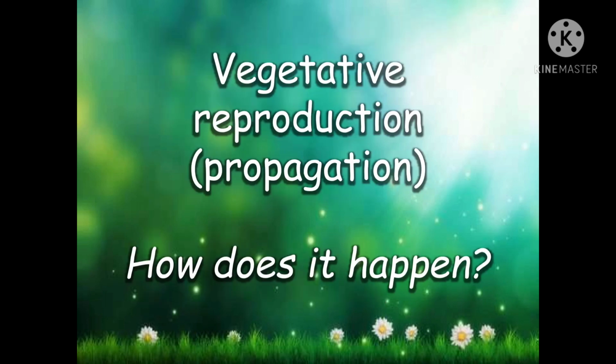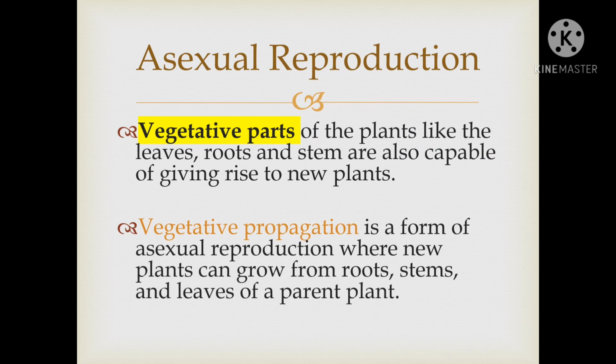Let's take a look at vegetative reproduction or propagation. How does it happen? Vegetative parts of the plants like the leaves, roots, and stem are also capable of giving rise to new plants. Vegetative propagation is a form of asexual reproduction where new plants can grow from roots, stems, and leaves of a parent plant.